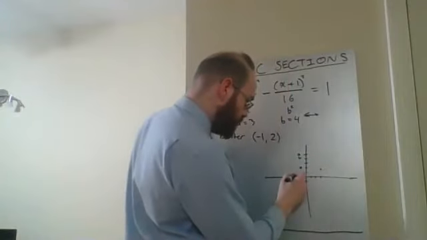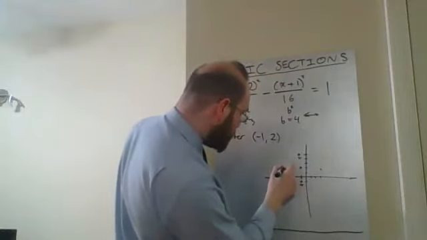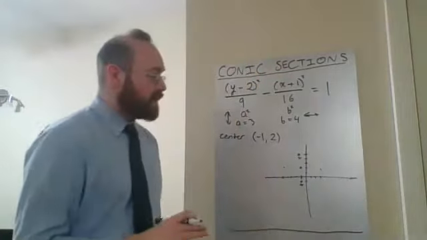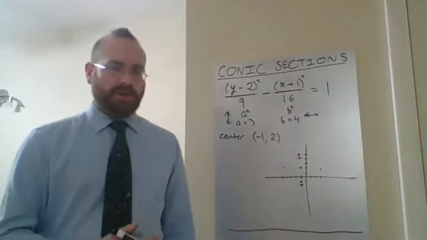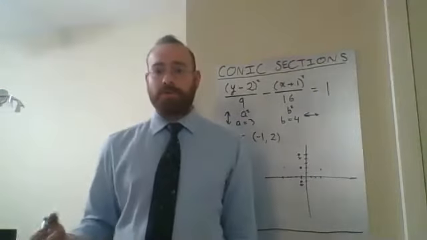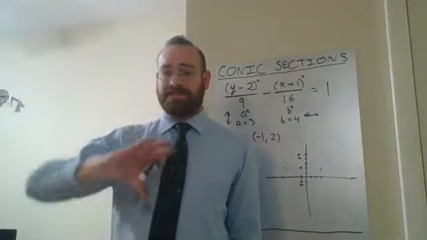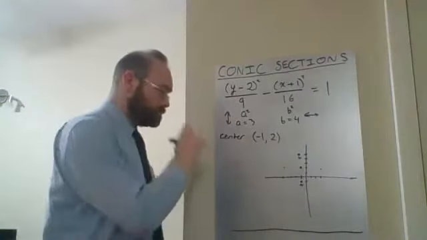This is my first node. To the left, 1, 2, 3, 4. This is my second node. I try to make the nodes smaller than the vertices. Another very common mistake is drawing the branches on the nodes rather than the vertices, and then it's just flipped the wrong way. So keep that in mind.